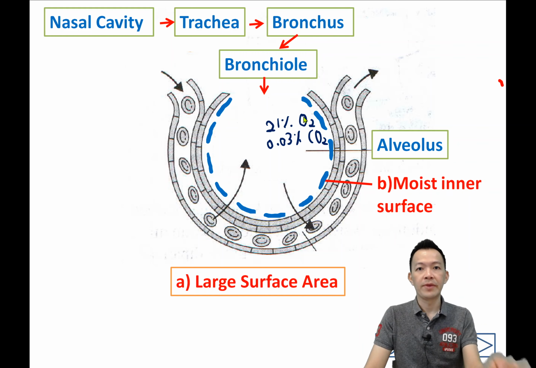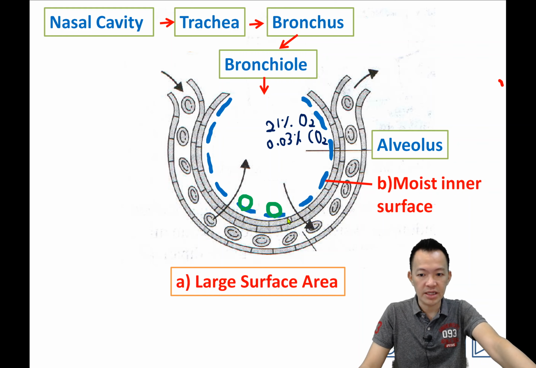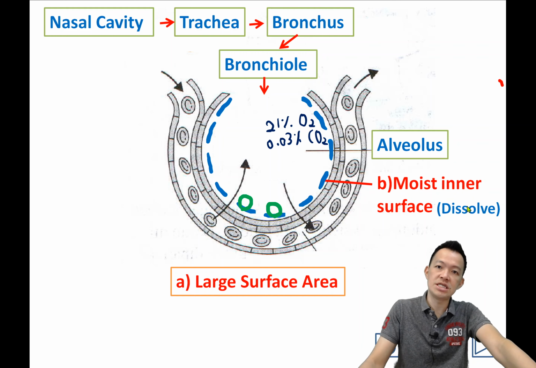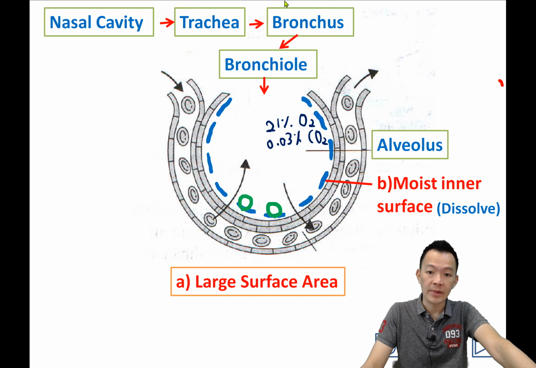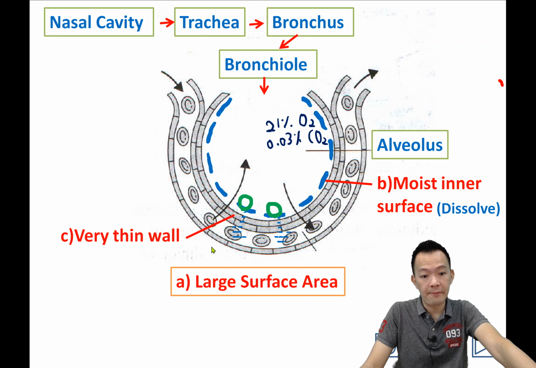To dissolve the oxygen and the carbon dioxide, so the gas can diffuse through the wall. And after the gases dissolve in the water, they have to pass through the wall, 渗透过墙壁，对不对？So the wall must be very thin, 很薄的墙壁, just as thin as a layer of cell, 只有一层的细胞这样薄罢了. So this is another characteristic.